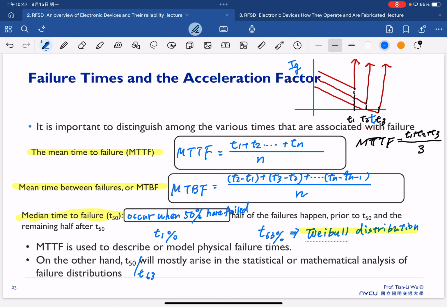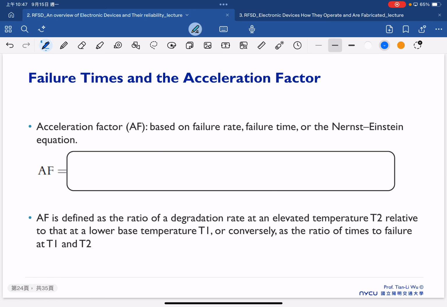So with the equation of the MTTF, now we can start to estimate the acceleration factors, and the equation is still very simple.